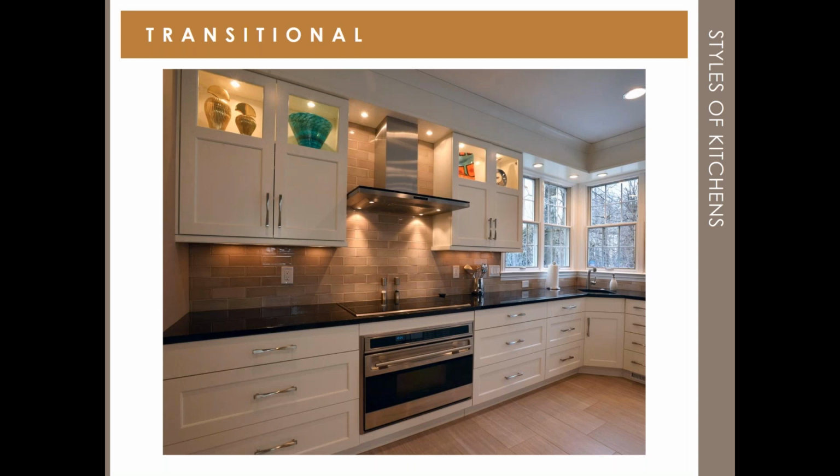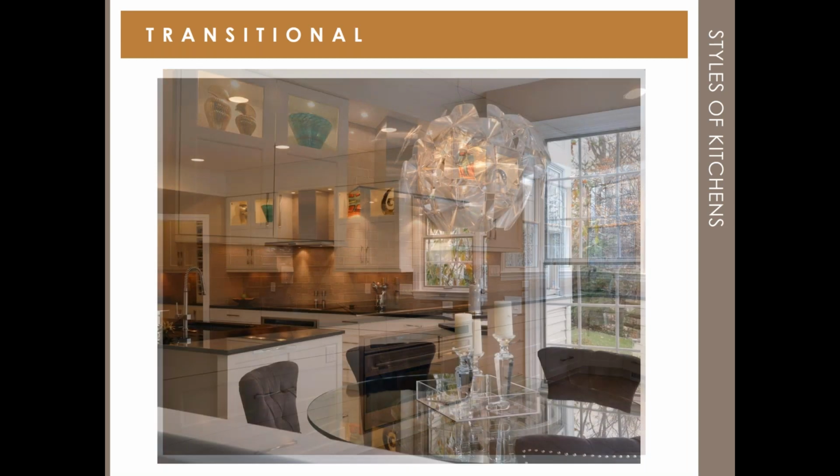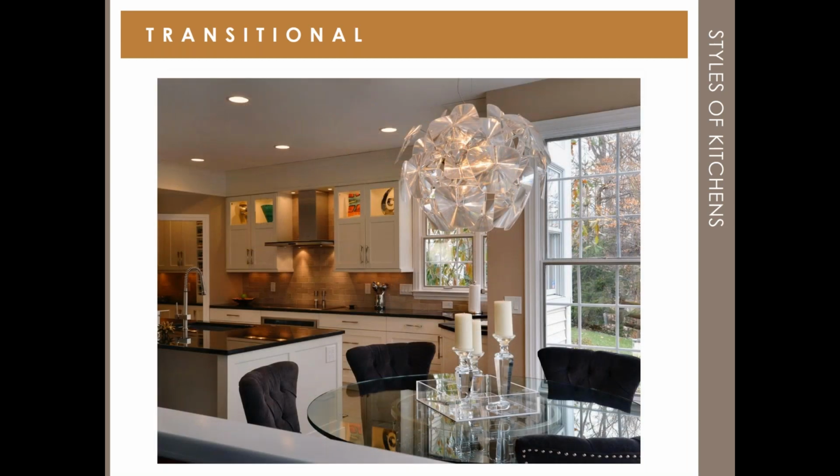Even though this is here in the Chagrin Valley, it lends itself a little more modern in that you get the hood, you get the hardware, that twisted hardware. You notice the cooktop and the wall oven are separate, very European in philosophy. There's another view of it. Look at the chandelier over the table.